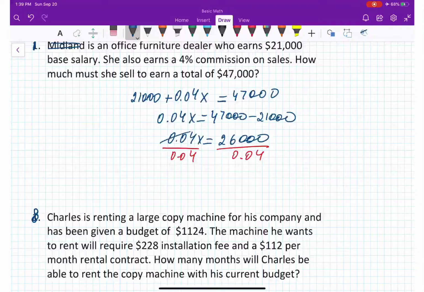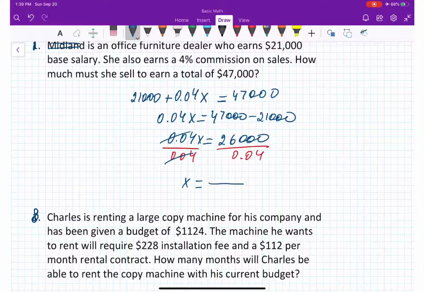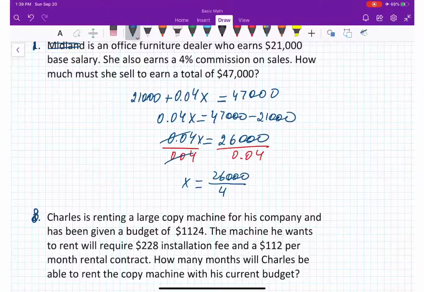This is gone with this, and x is equal to... since I have two positions, I'm moving by two positions, get 4, and 26,000. Also, if I move by two positions, get 2,600,000.